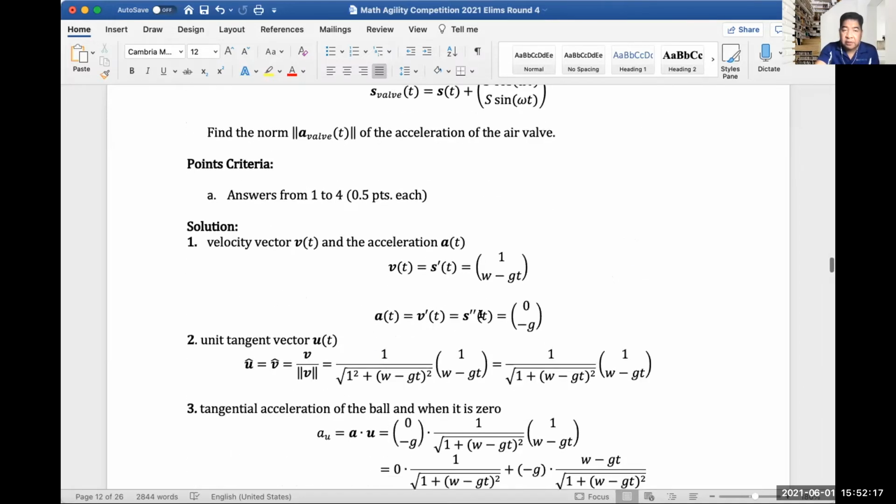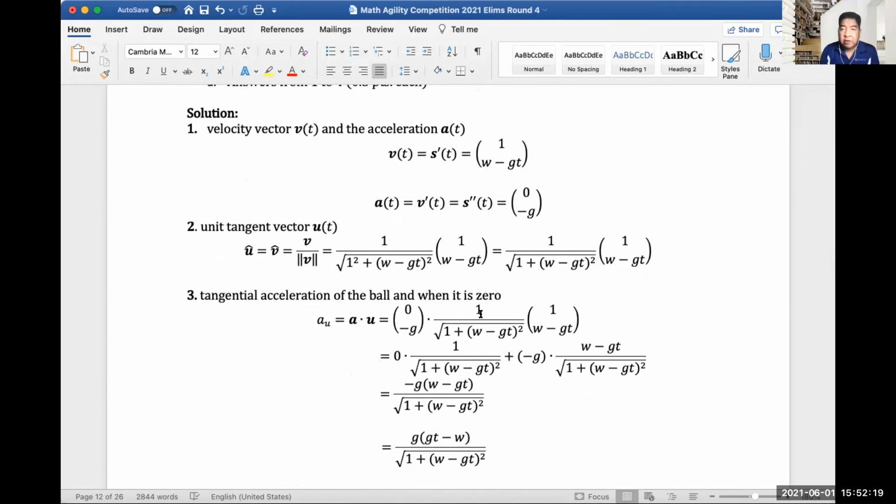The first is computing the velocity and the acceleration. We're just getting the derivative of s(t), which is equal to v(t), right? Taking the derivative of s(t) would be equal to 1 and w minus gt.